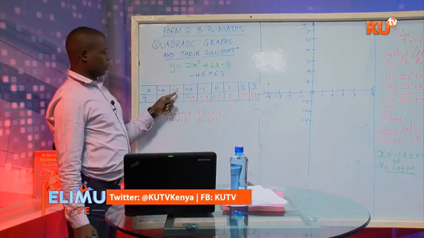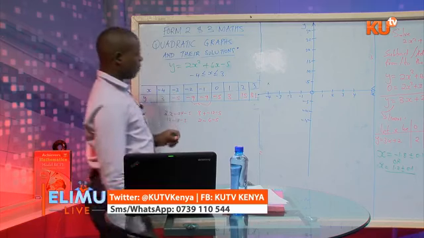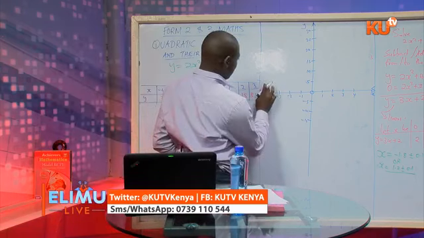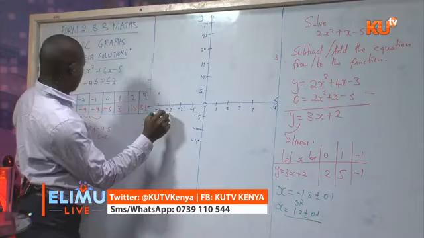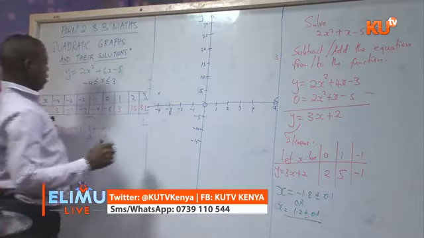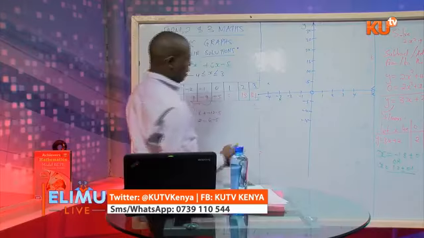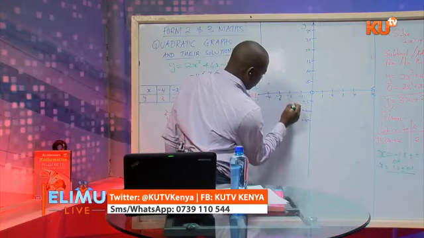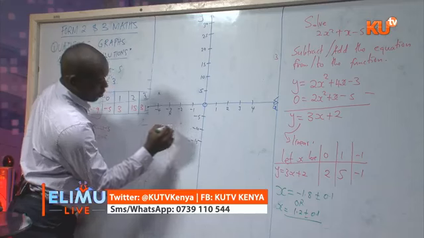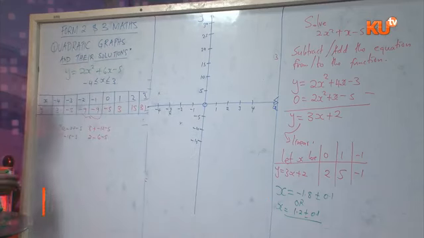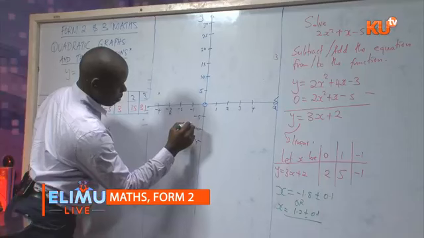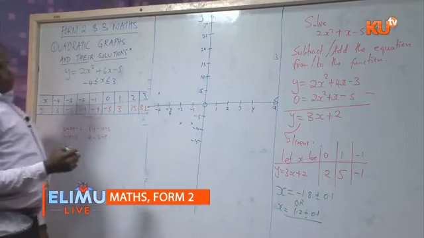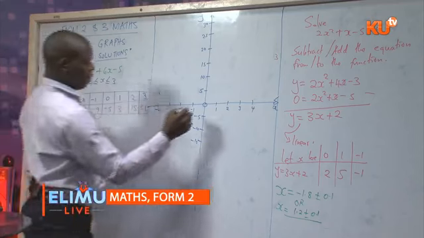X is negative 3, y is negative 5. Sorry, this is negative 5. Negative 2, negative 9, somewhere here. Negative 1, negative 9, at this point, same level. 0, negative 5.